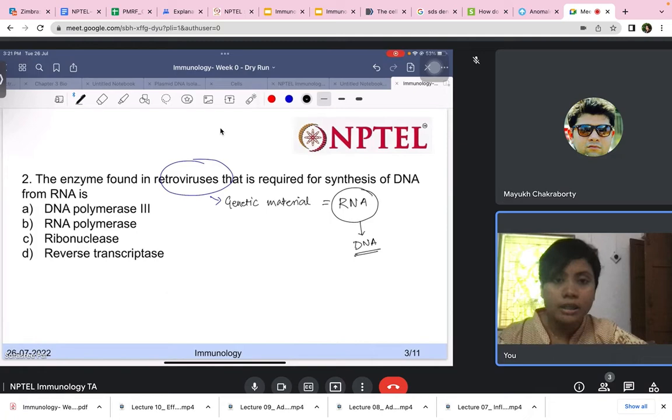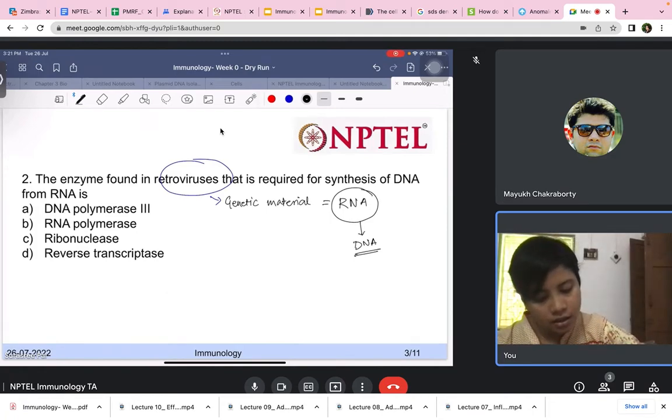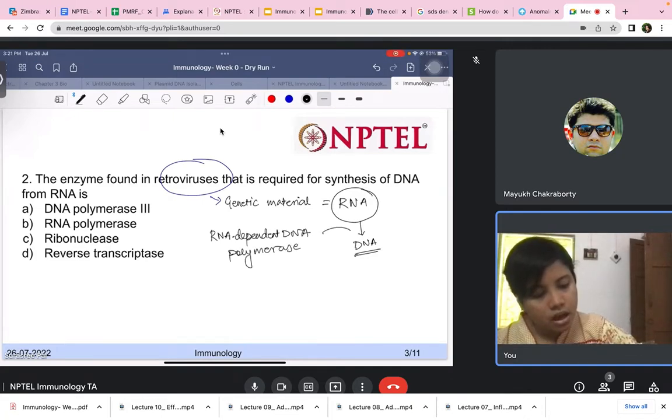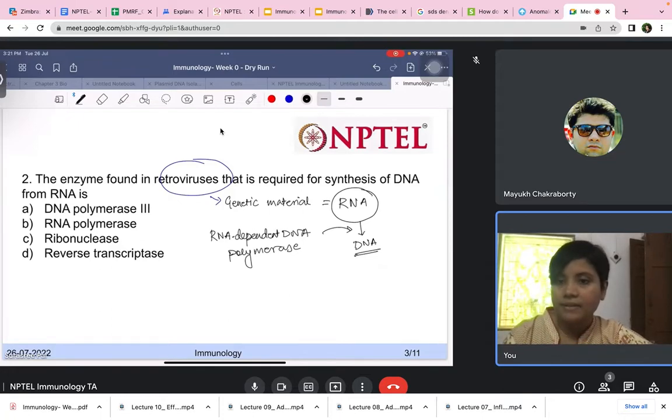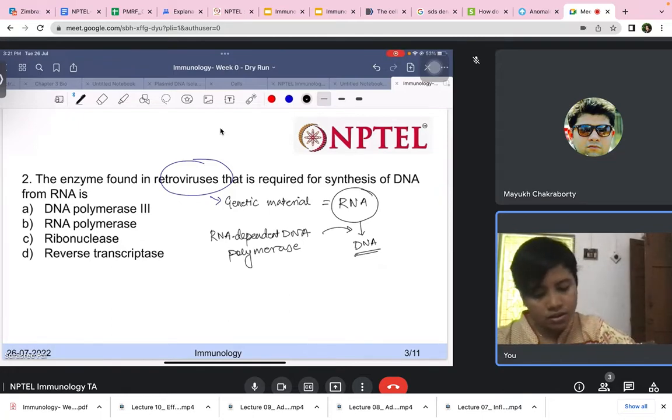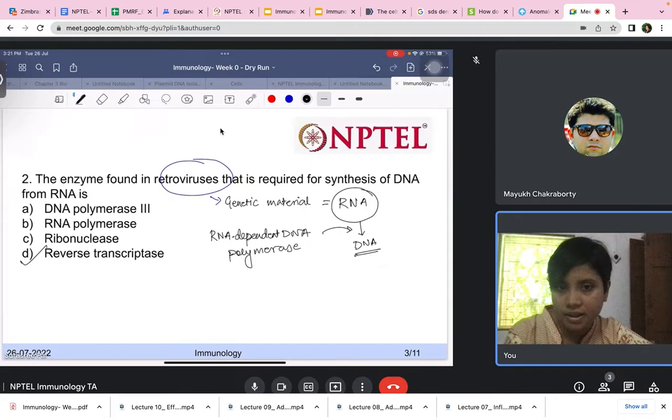For converting RNA to DNA, we need RNA dependent DNA polymerase, which can convert RNA to DNA, and this enzyme is called reverse transcriptase.